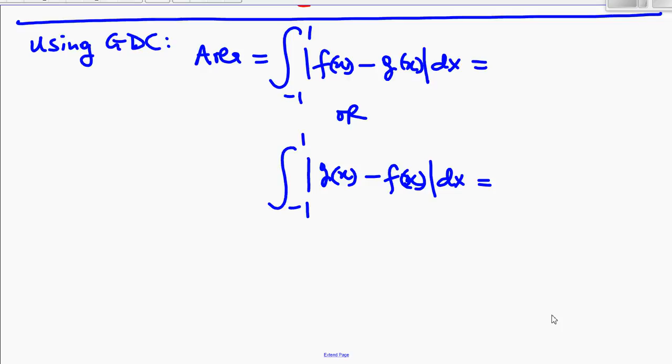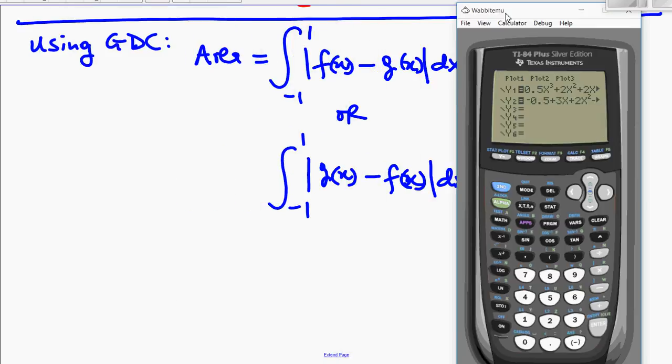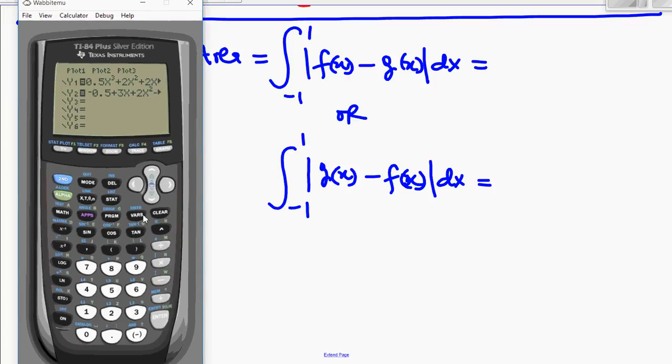So let's check if this is possible. Start here. Quit, alpha, window, number 4. Lowest limit is -1, and then 1, absolute value.